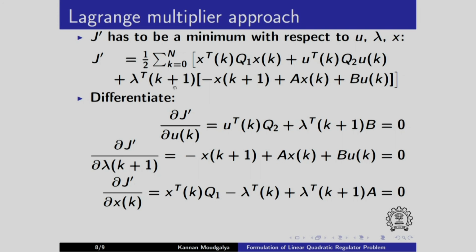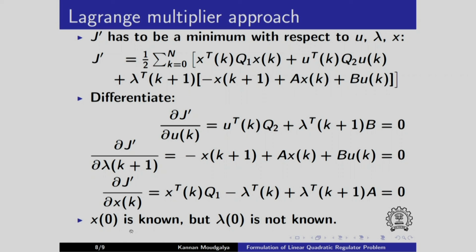So we get lambda transpose of k from there. And we also have lambda transpose of k plus 1 into A into x of k. When I differentiate this with respect to x of k, I get lambda transpose of k plus 1 into A as given here, and this is also 0 because this J prime has to be a minimum with respect to x of k as well.